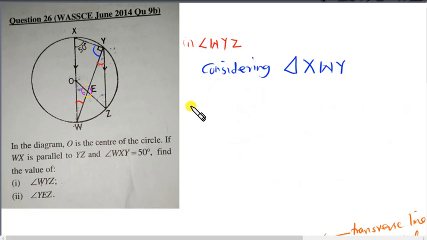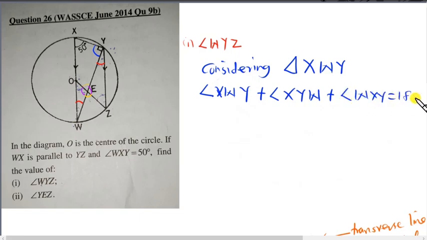So considering triangle XWY, we have angle XWY plus angle XYW, plus angle WXY.